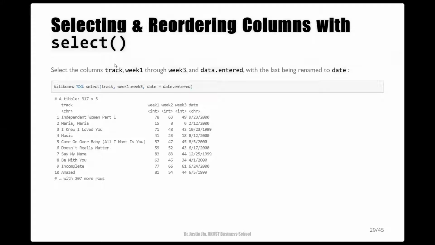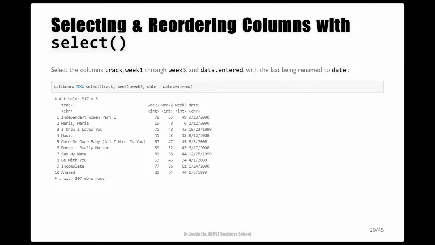Suppose our first task is to select the columns track, week 1 through week 3, and date entered in this specific order from the wide format of the Billboard data.